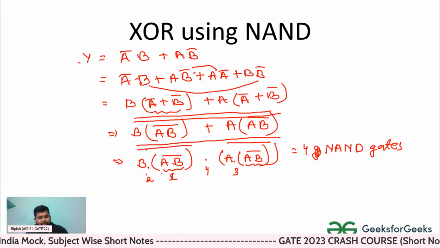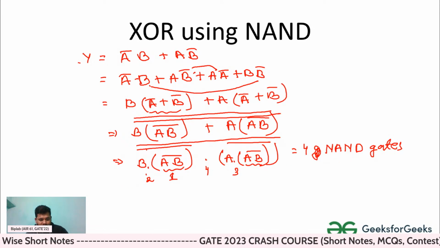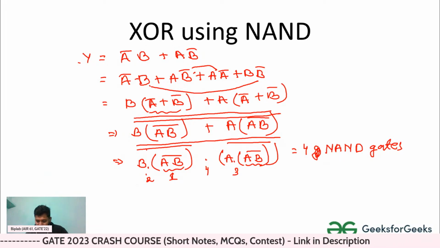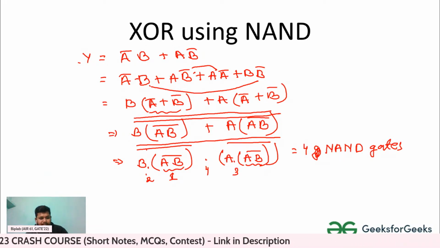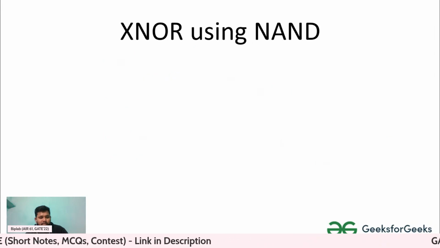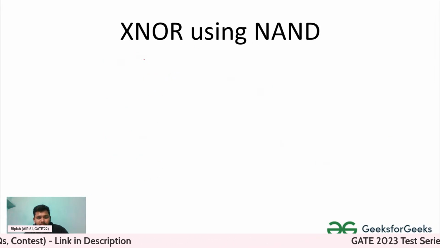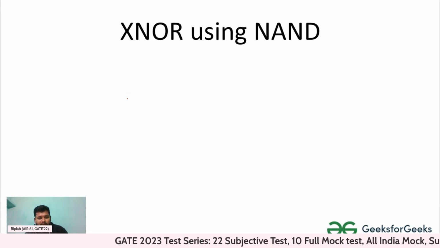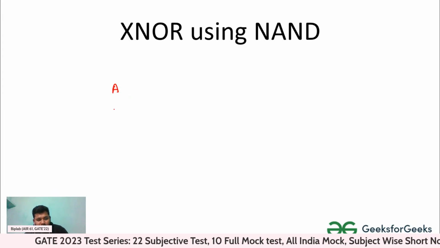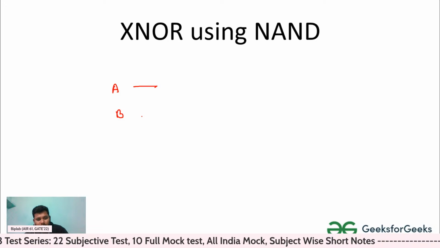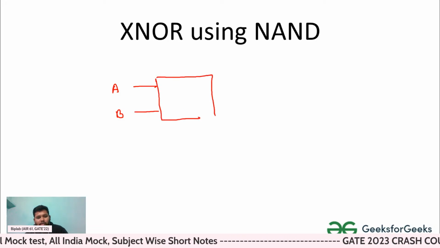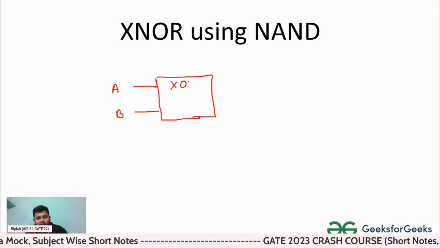Okay, fine. If you have any doubt here, let's use the same circuit for building an XNOR gate using NAND gates. Let's say you have A and B. You know the circuit for making XOR with NAND.